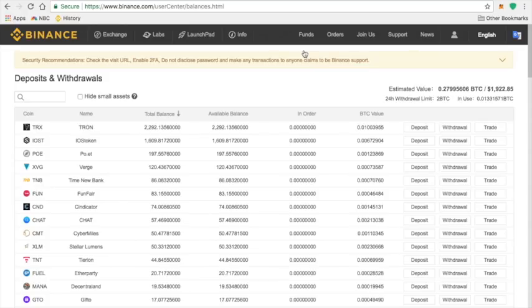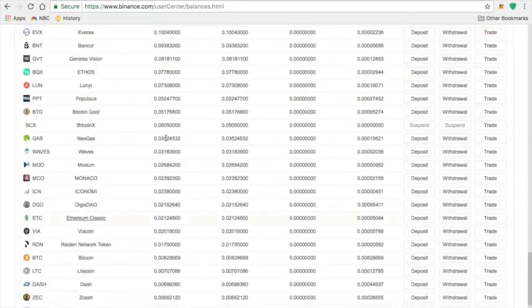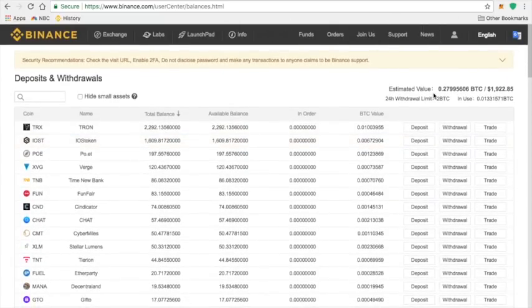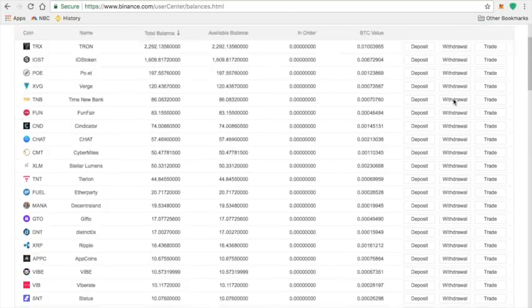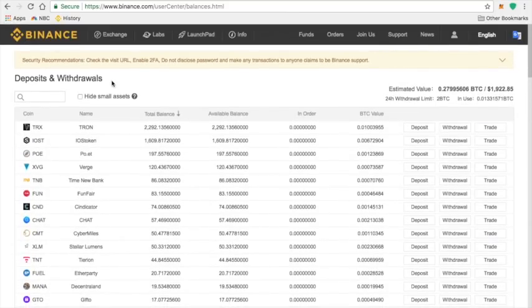When you look right here, it's going to show you the estimated amount that you have in all these coins. So I've got 0.27 Bitcoin, and you know, more digits, but 0.27 Bitcoin adds up to $1,922. Once again, because I'm not fully verified, I can only withdraw up to 2 Bitcoin. So that shows you that. This right here is a little search button, so you can narrow it down.